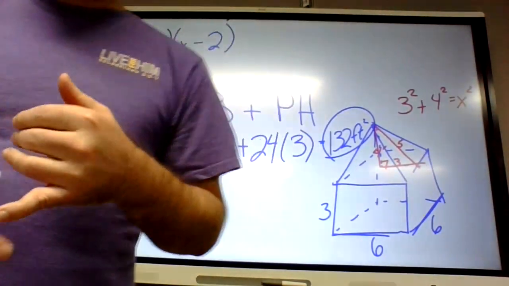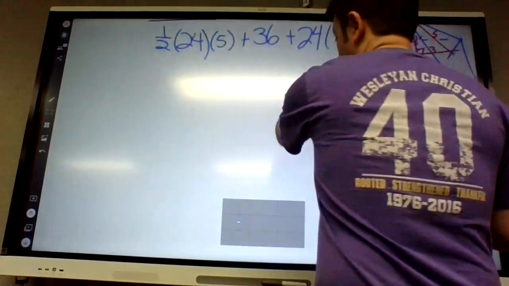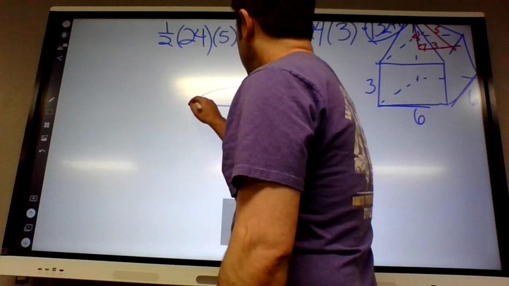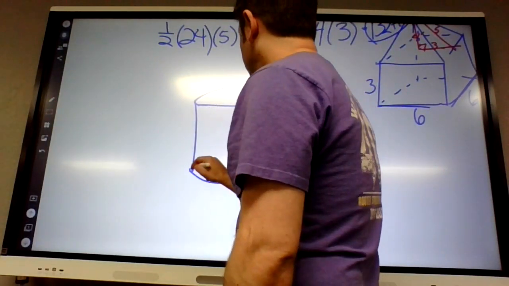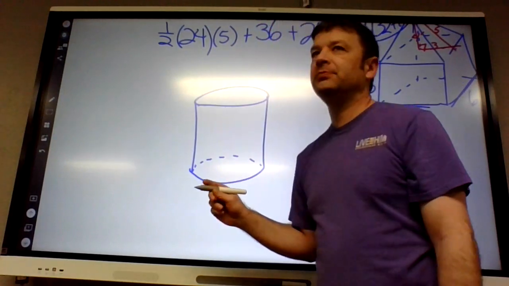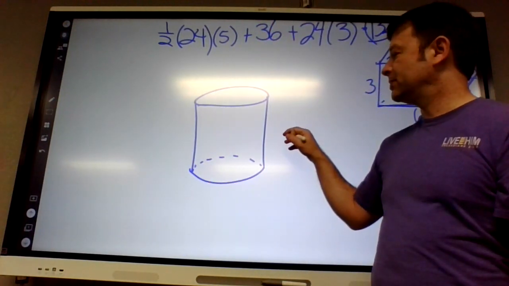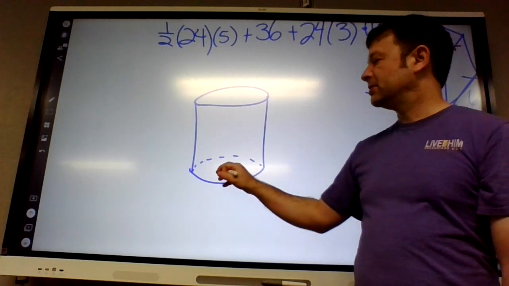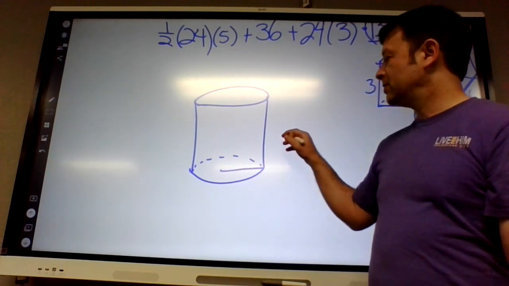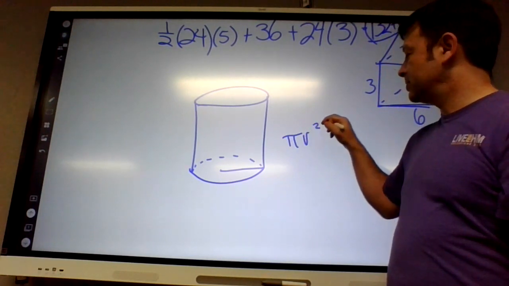So, yeah, basically it's a cylinder. You guys remember the cylinder volume? It's area of the base. What's the base? Pi r squared times h.